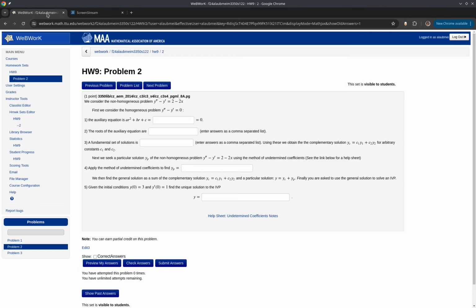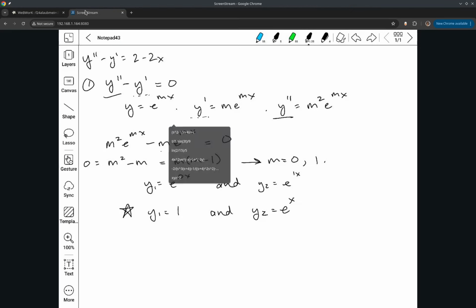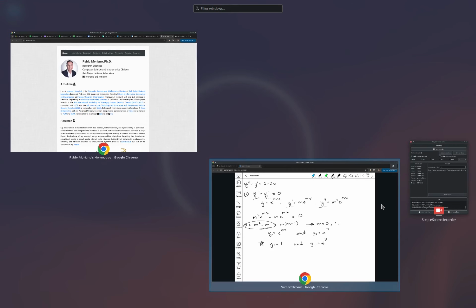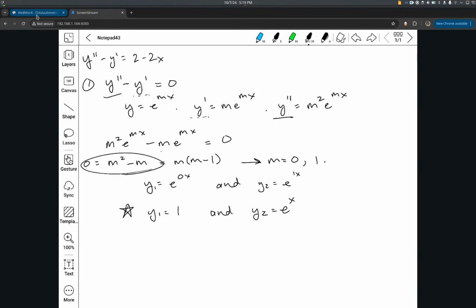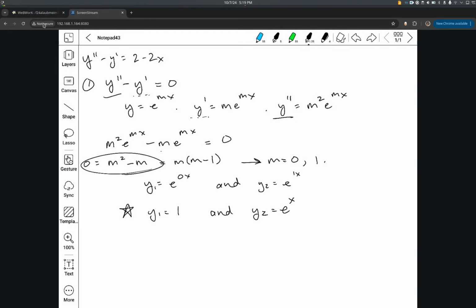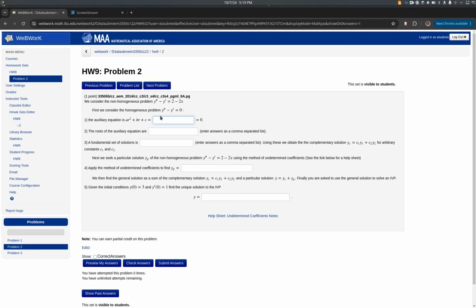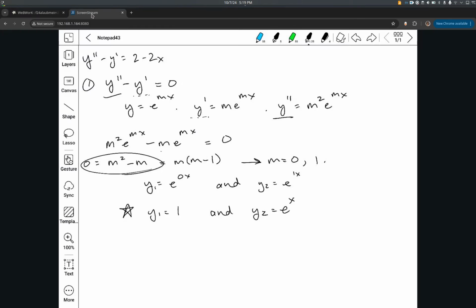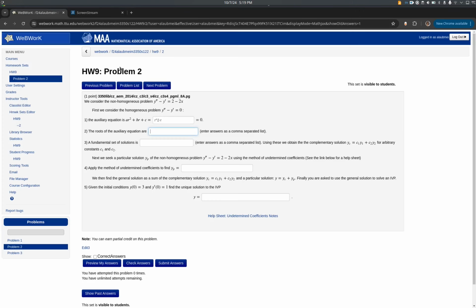So if I hop back over to the web work, we're asked first to write the auxiliary equation. So that's going to be this function that we get after all the e's go away. It's just going to take r's instead of m's in web work. And then it asks for the roots, so that's going to be this part right here when I solved for what my zeros are.